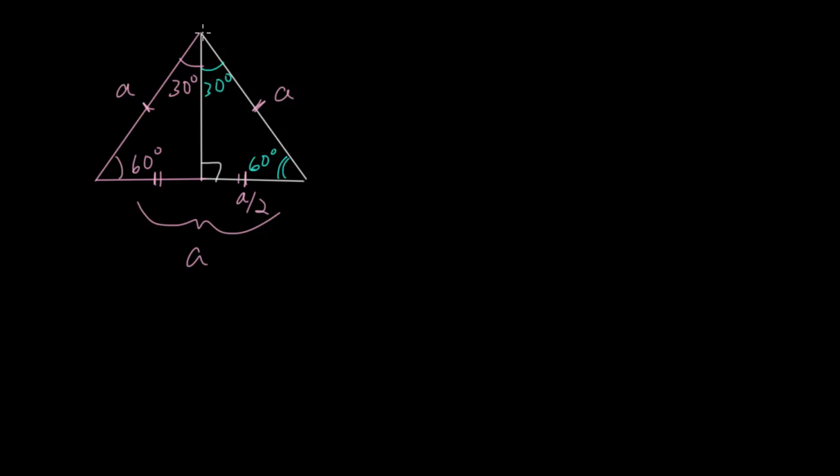And to figure out the length of this height of the triangle, we need to use the Pythagorean theorem. So let me redraw this without the extra half of this triangle. But if you want to understand the pattern, you do need to understand that this is half of an equilateral triangle. So let me quickly redraw this. And with this 30, 60, 90 triangle, we figured out that this length here is essentially twice this bottom length here.